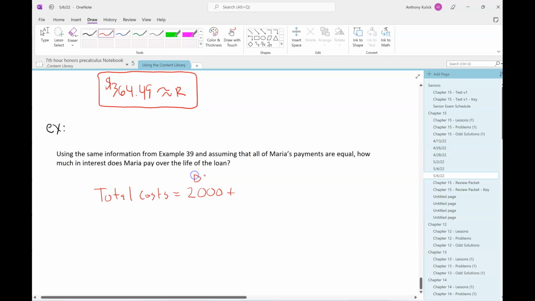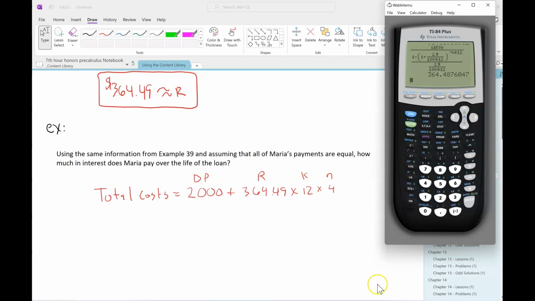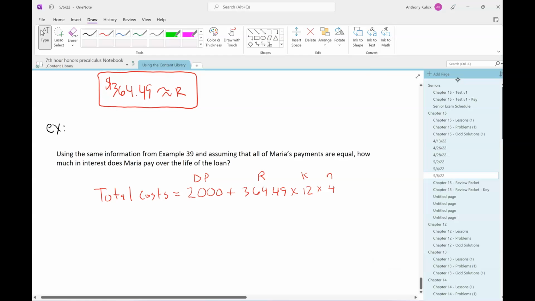So we paid the down payment, right? And then we're paying $364.49 once a month for 4 years. Everybody buy that? So $19,495.41.